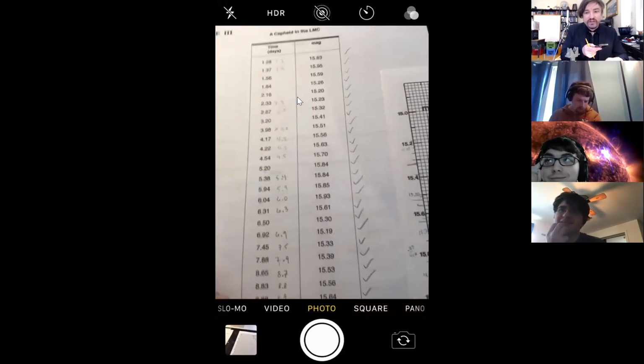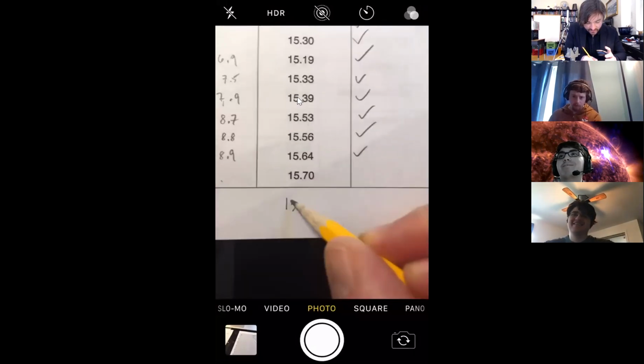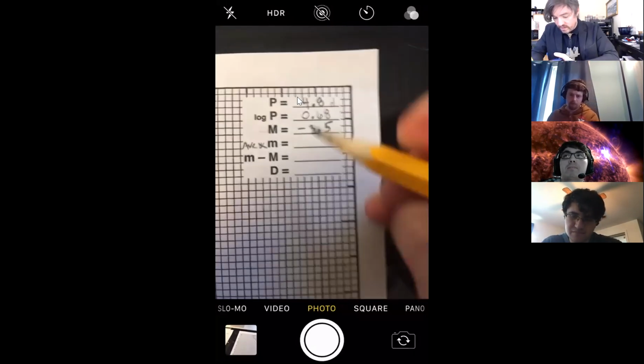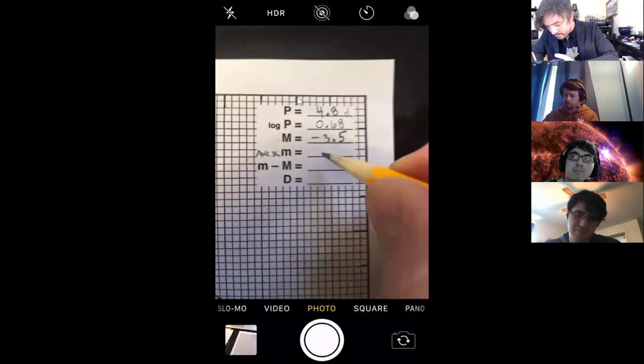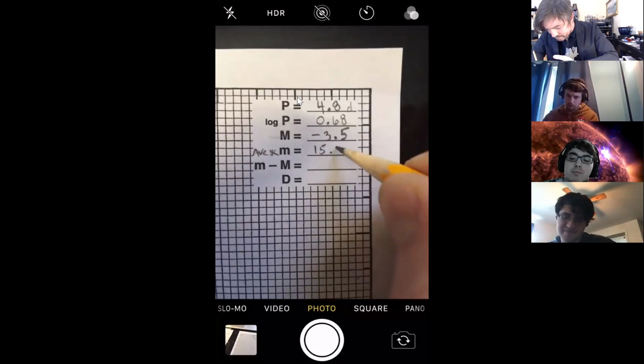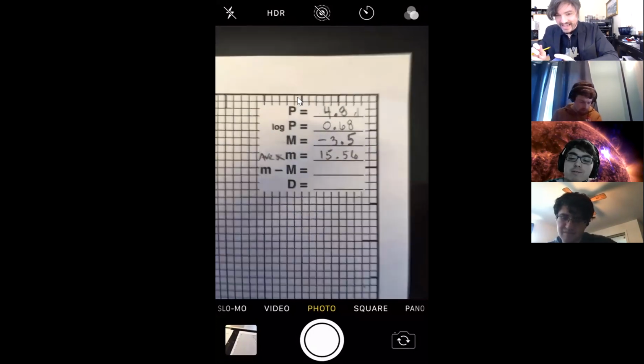Now, it's 220 already, and I'm feeling kind of bad for y'all, so I'm just going to give you the answer. The average of all those numbers, you can verify for yourself later, is 15.56. Let's plug that in here. I trust you. But I'm going to check it anyway.